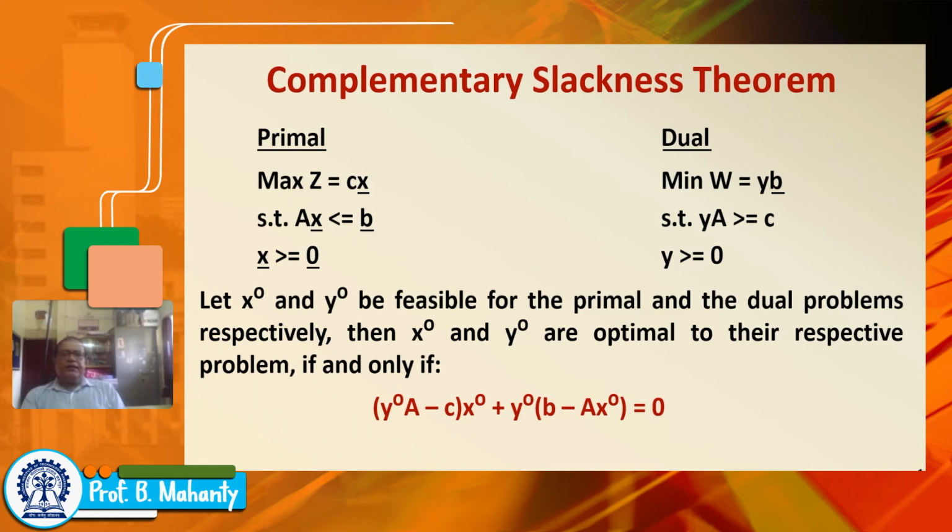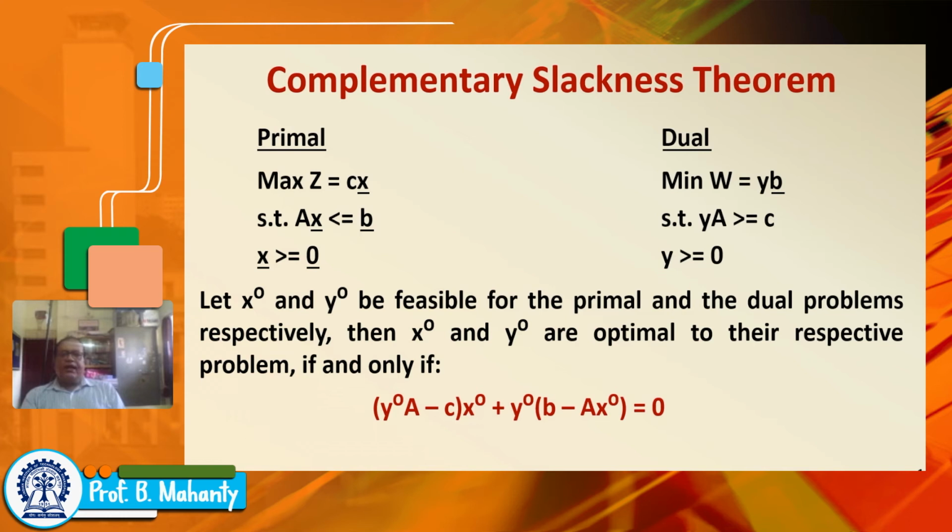Similarly, in the dual case, if we have a dual surplus variable, then ya minus that surplus variable equals c. So what is the value of the surplus variable? It will be ya minus c, because it is minus, so it goes to the other side, and ya minus c will be equal to that surplus variable.